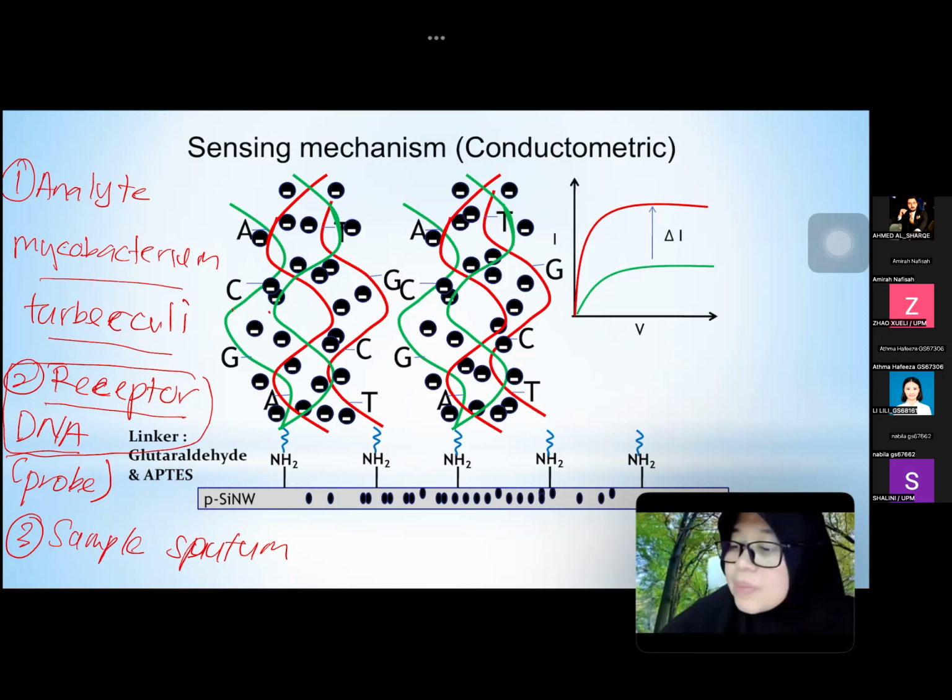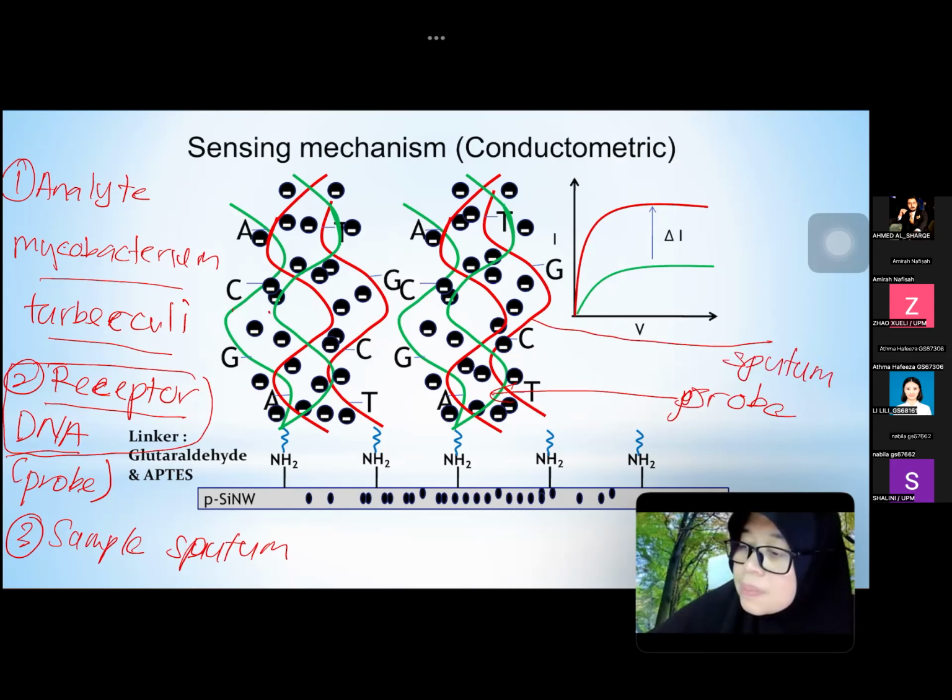The red strand is from the sputum. So the green one is the probe, and the red one is from the sputum, extracted. It has to be extracted. So now, if you mix it, just imagine a beaker. You don't want to imagine all this, because this comes later, NH2, silicon nanowires. You just imagine a beaker where I put the extracted DNA from sputum.